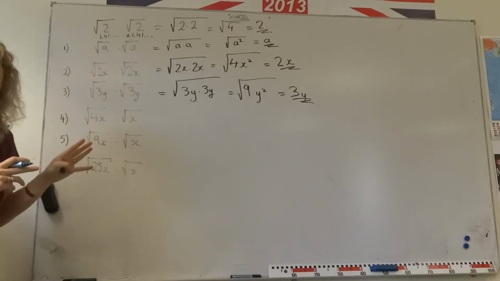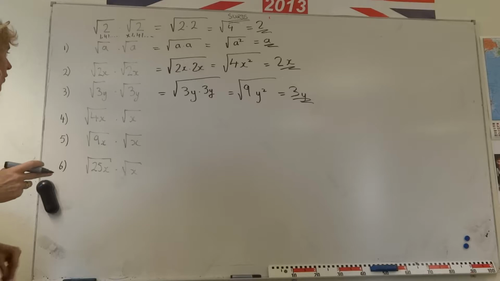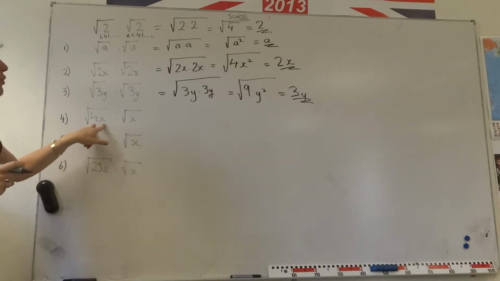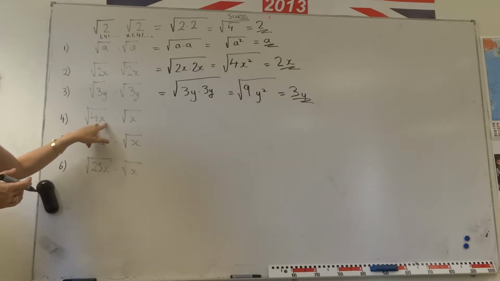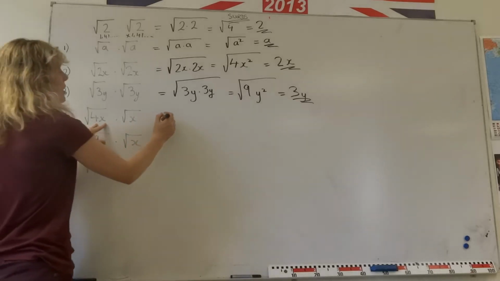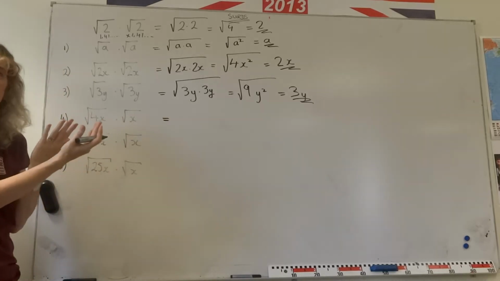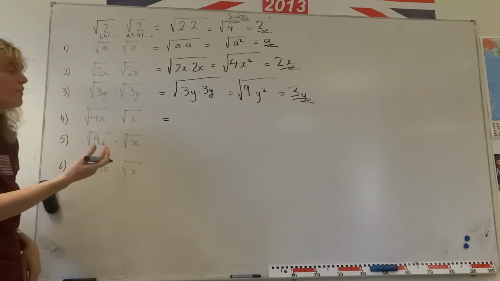So that's the basics of surds, and what can we use them for? Well, look here. If we have the square root of 4x times the square root of x, we don't know what the square root of x is, but we could reorganize this. We know the square root of 4, that's easy, but we don't know the square root of x.